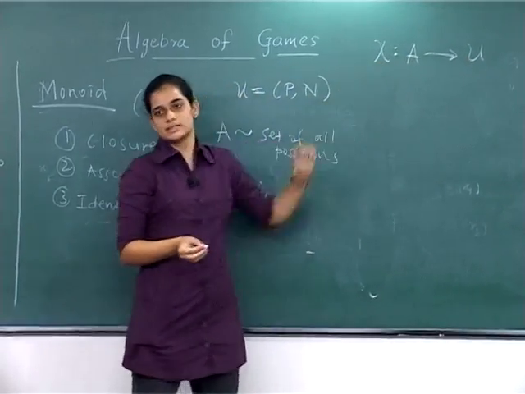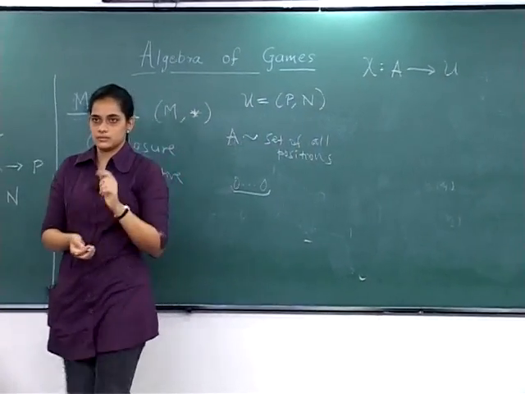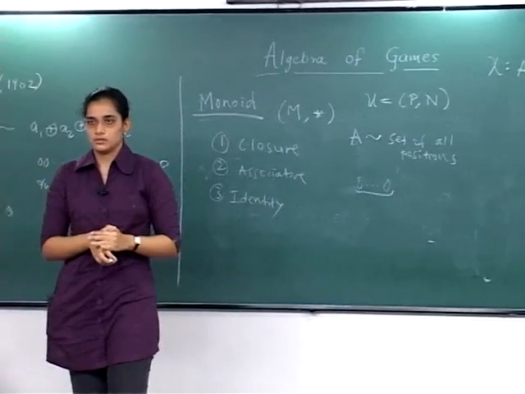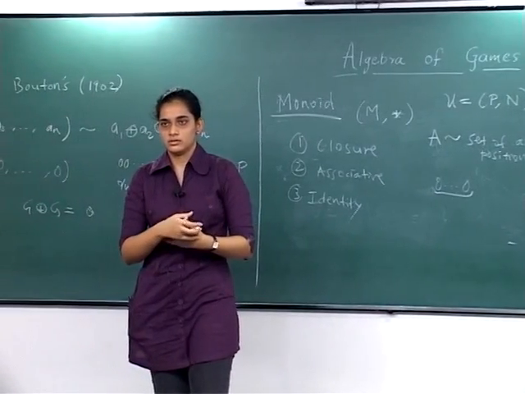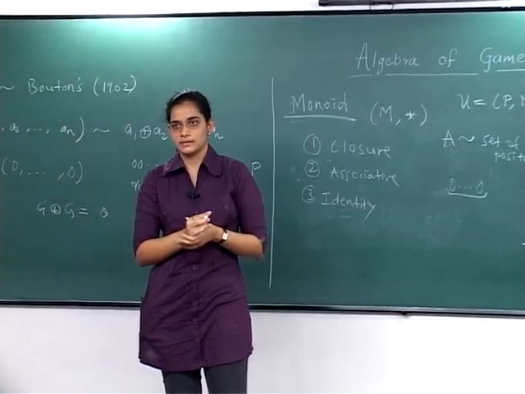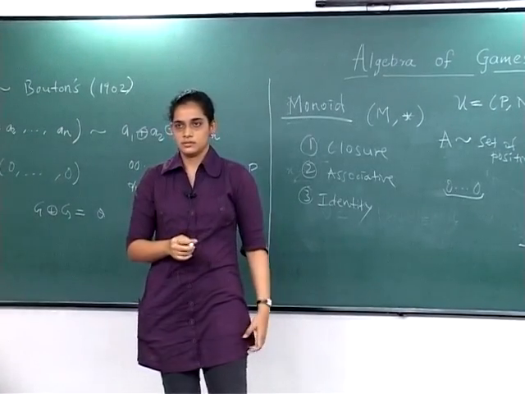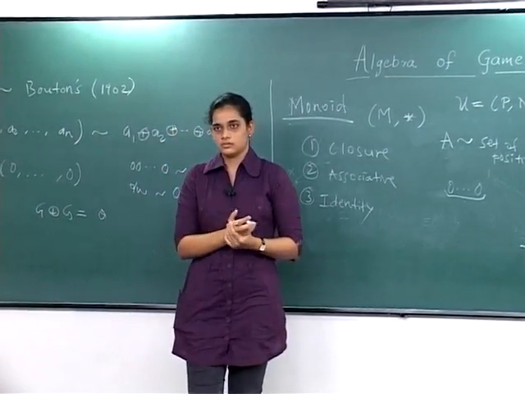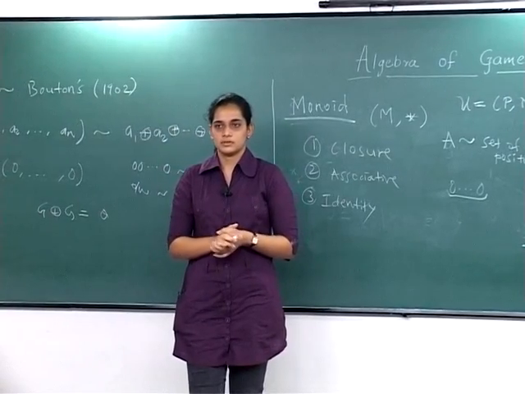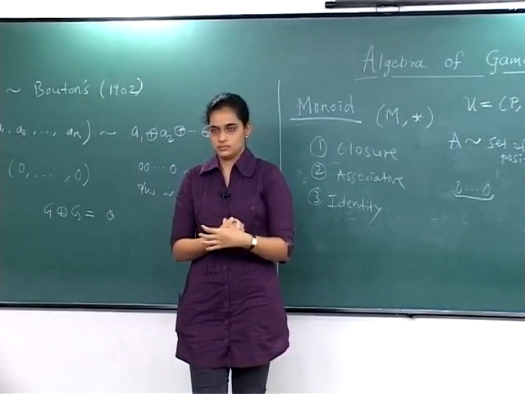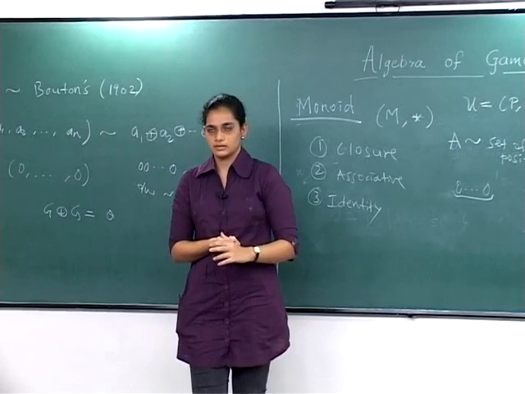So I'm interested in this xi function. The thing is, what we were talking about as outcomes earlier was simply who is winning. Here, P and N mean that the previous player in P has a winning strategy.